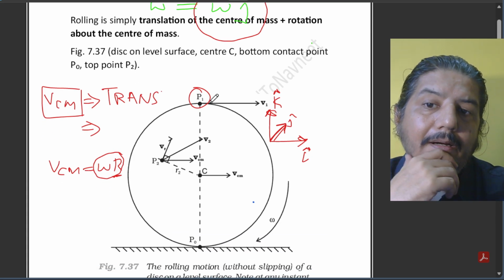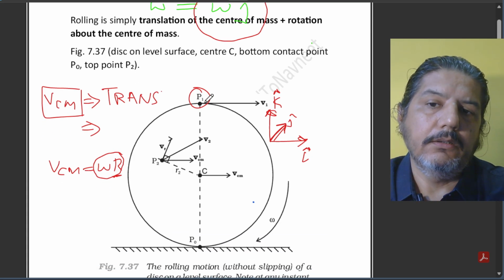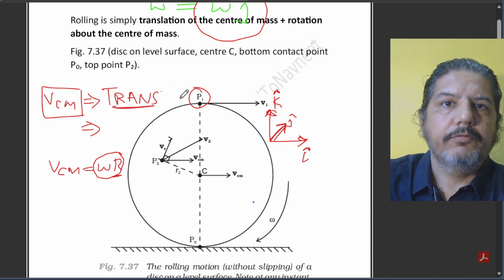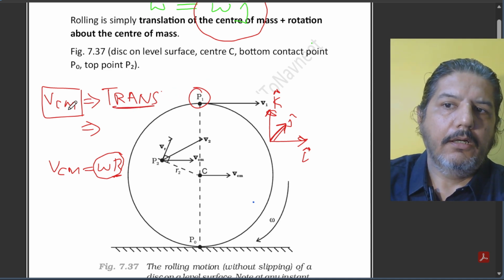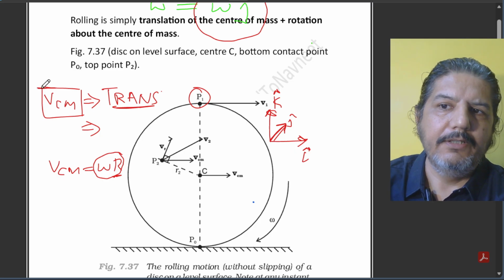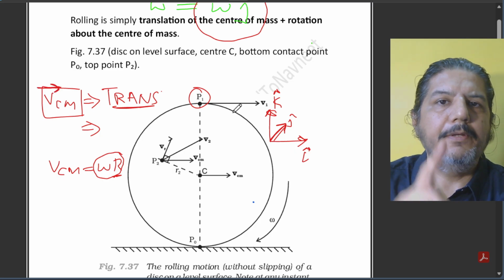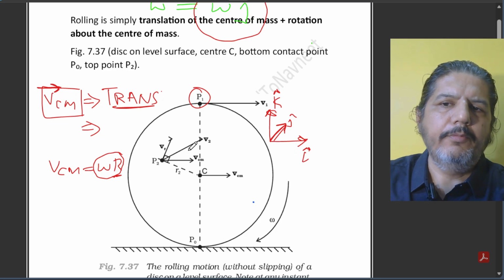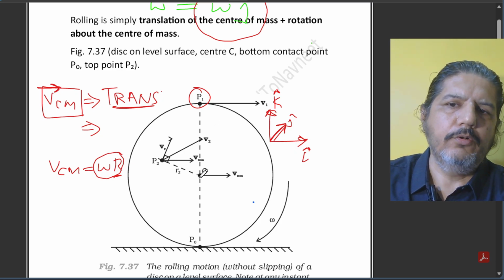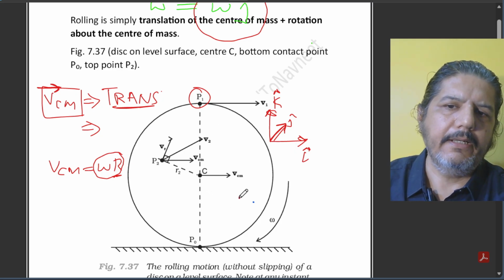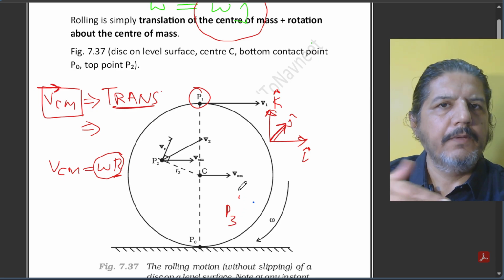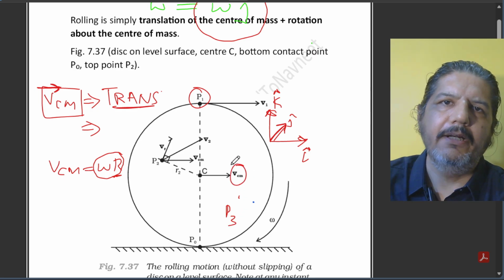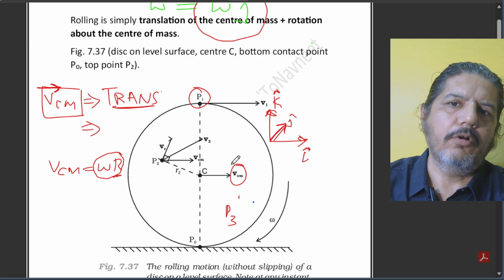Now I am calculating the vector form of the translational component of the velocity, VCM, at P1. And once I've calculated it at P1, it would be the same at P2, at C, at P0, at any point P3, because I have promised you that this VCM part would always be the same. The magnitude and the vector component would always be the same.